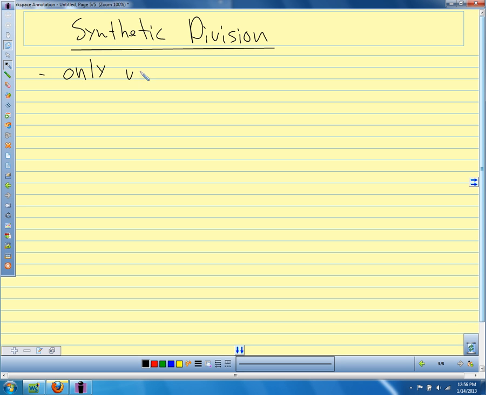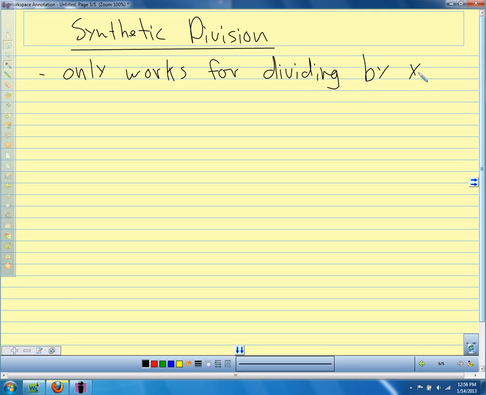It only works for dividing by x minus c. So we have to have something in the form x minus c. This is the only time synthetic division works. If we're dividing by any higher power of x, x squared, x third, anything more complicated than x minus c, synthetic division does not work. And we have to use long division.